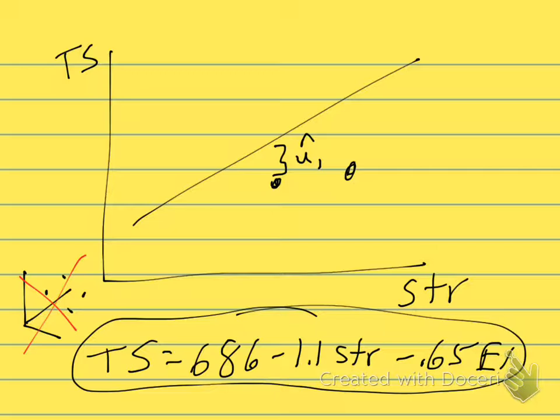Instead we have to think of the analogy. For every observation, if we knew the student-teacher ratio, the English language learners, and the test score, then we could calculate the residual, the u_i hat, for that particular observation.